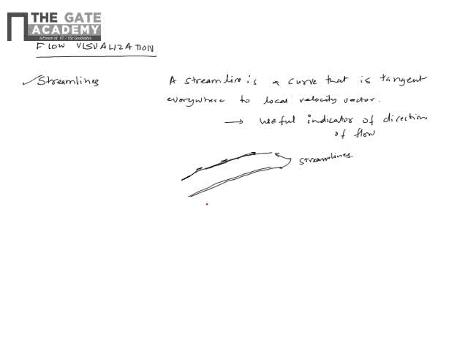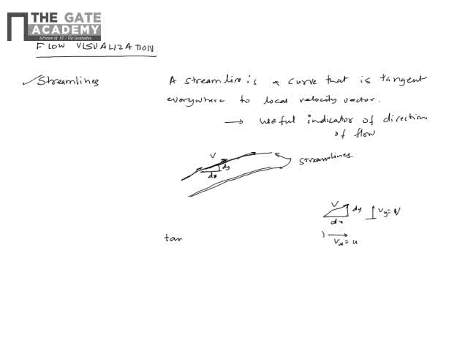One basic equation: if I write this as dy, this as dx, the velocity vector is like this, v. It has a component vx, which is u, and a component vy, which is v.